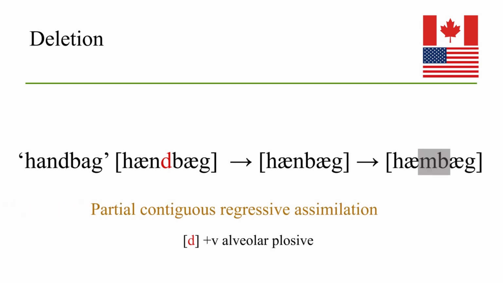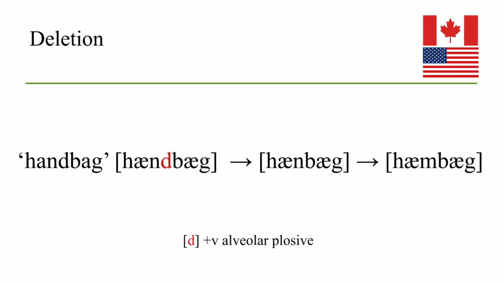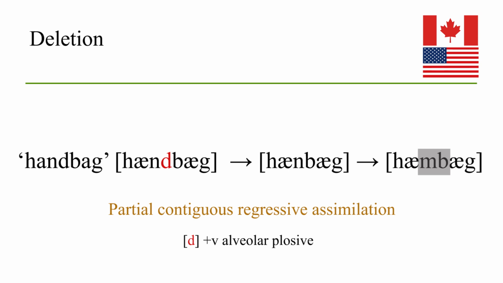And it's, of course, regressive assimilation, contiguous regressive assimilation. So the word handbag in rapid speech becomes handbag, and from handbag to handbag, two phonological processes have happened. First of all, we had deletion, which is the topic here. We have deletion of the sound. Second, we have the assimilation of na to ba becoming ma. So handbag becoming handbag.